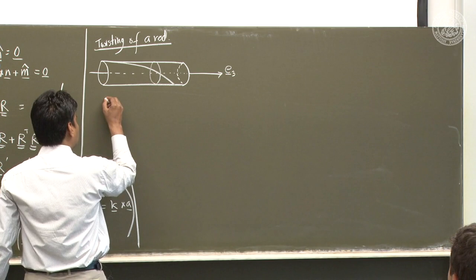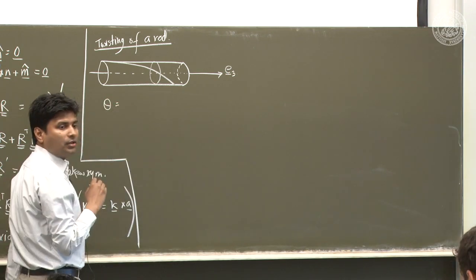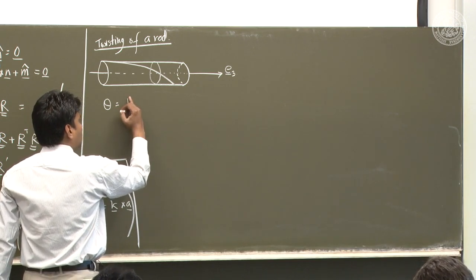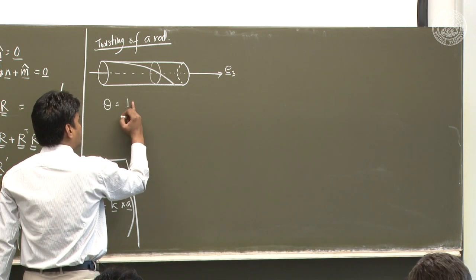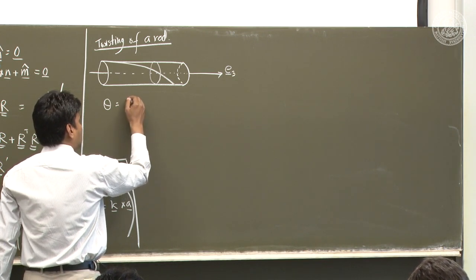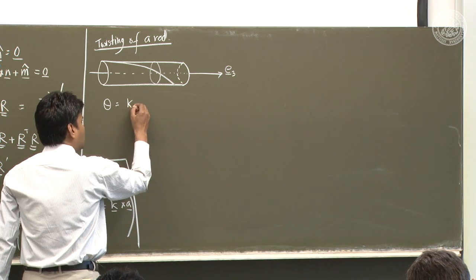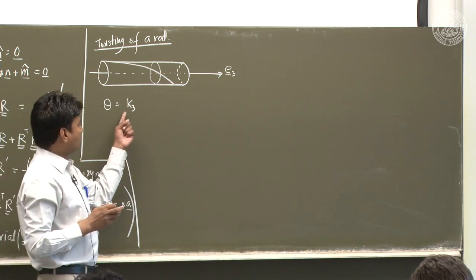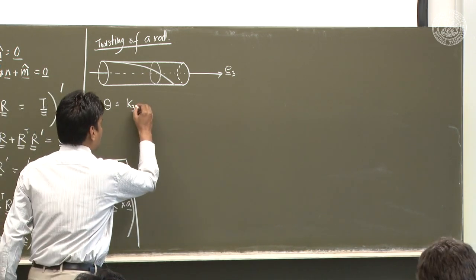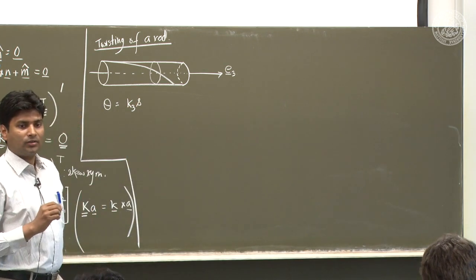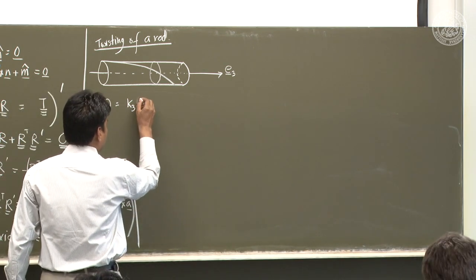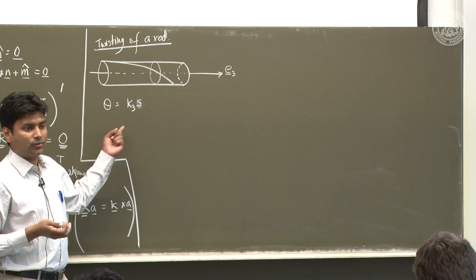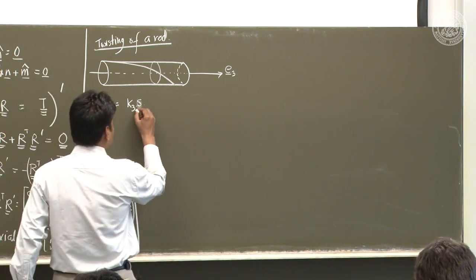And if I say theta is that rotation, then that is simply going to be some number, let me call it K3, times S, the arc length, big S. And then we know that this K3 is nothing but the twist, from our strength of materials course. So K3 is actually the twist.